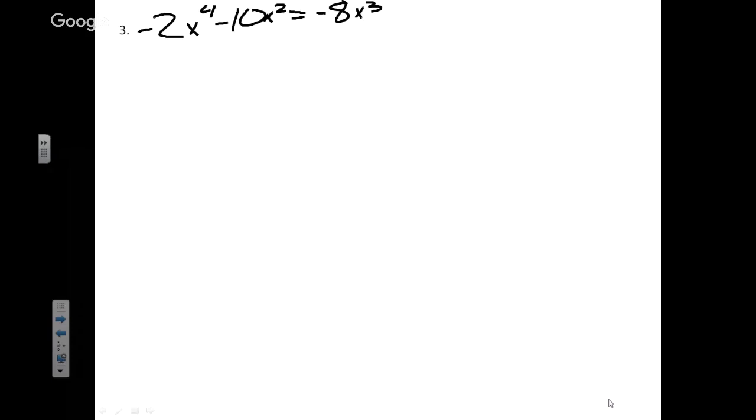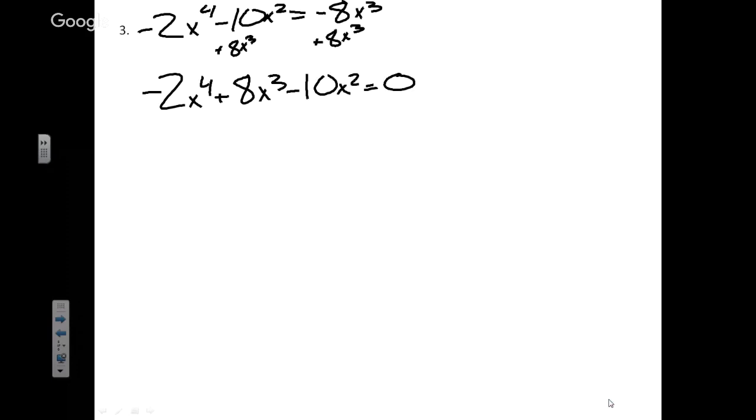No. So what do we need to do to make it in standard form? Add the 8x to the 3rd. So then we have negative 2x to the 4th plus 8x to the 3rd minus 10x squared equals 0, which is in our standard form.